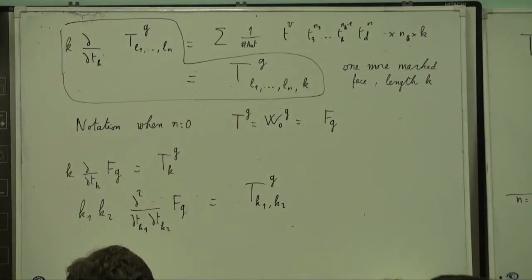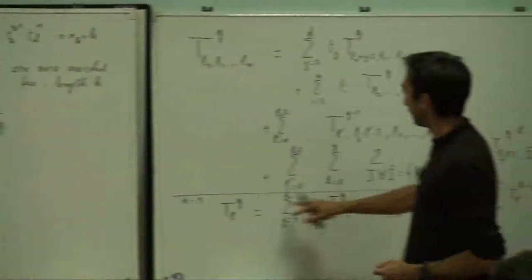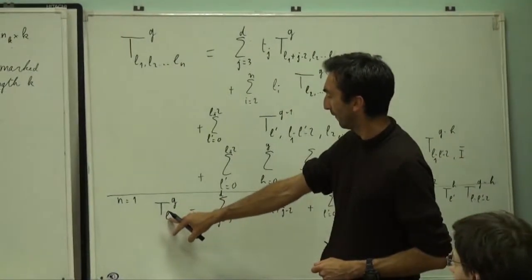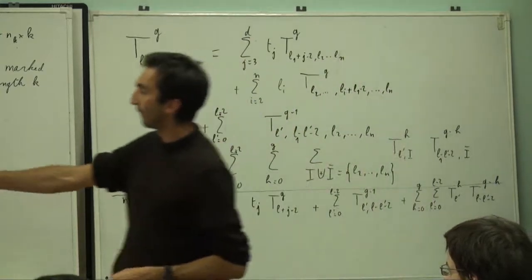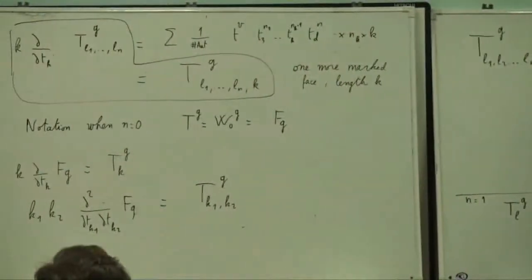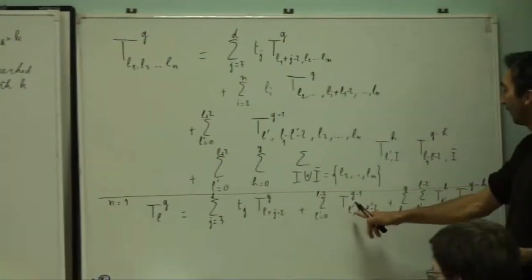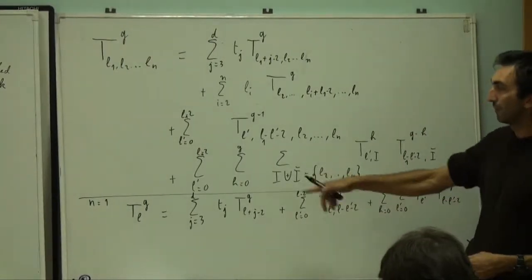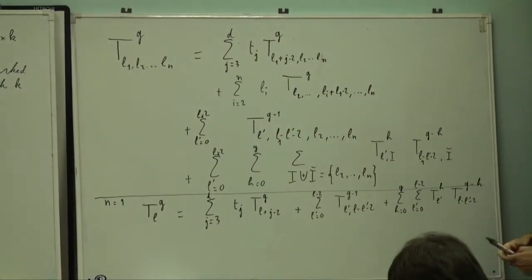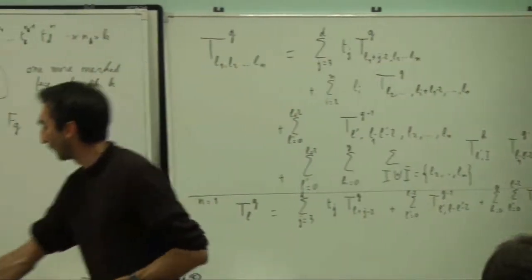So now we see that in this relationship, we shall replace the T's with only one marked face by simple derivatives of F_g. And here we have a T with two marked faces. We shall replace it by a second derivative and see what we get.